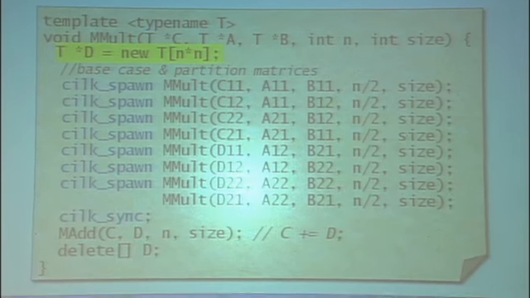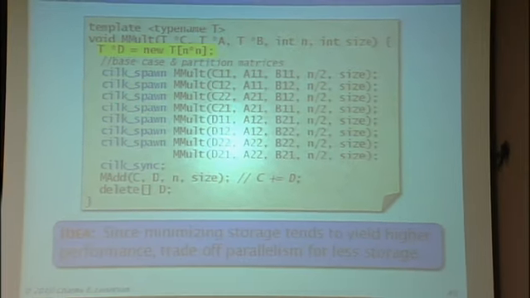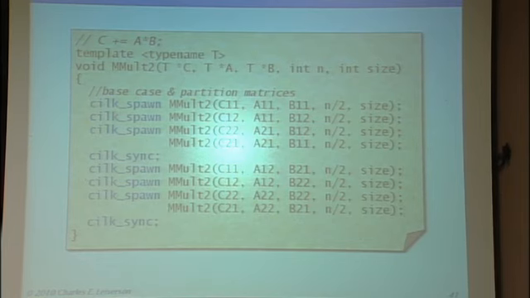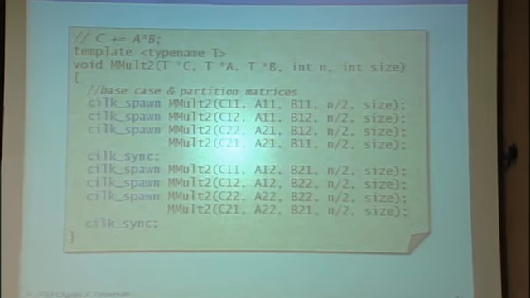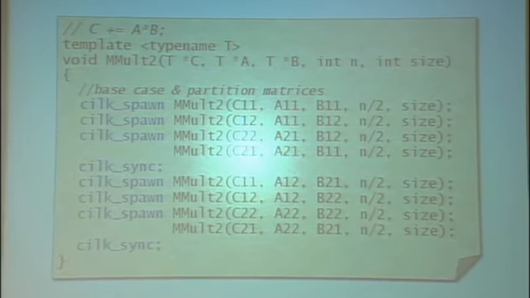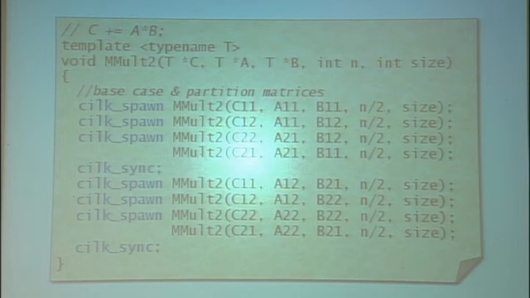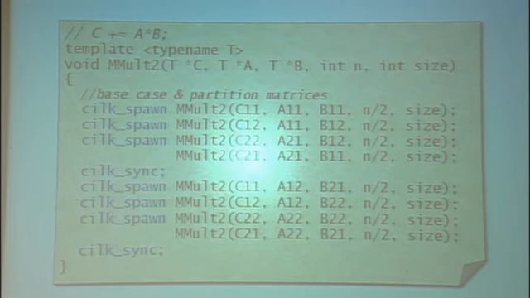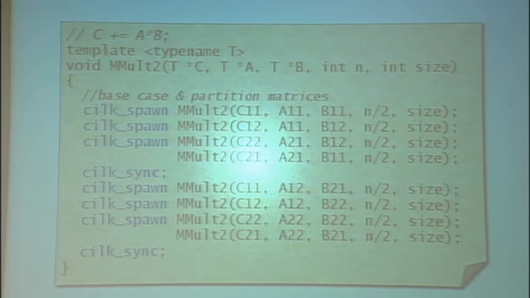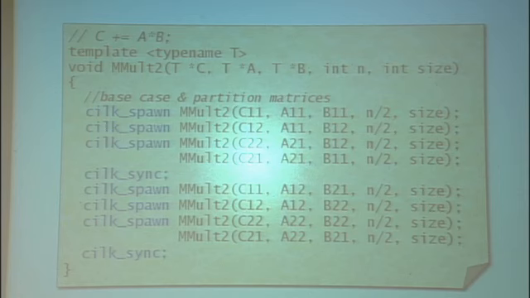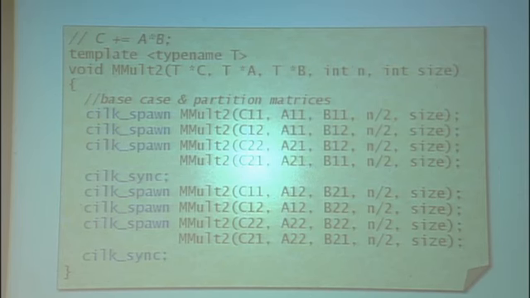So we're going to trade it off by putting essentially a sync in the middle. And since they're adding it in, I don't even have to call the addition routine, because it's just going to add in place. So I spawn off these 4 guys, putting their results into C. Then I spawn off these 4 guys, and they add their results into C. Is that clear, what the code is?